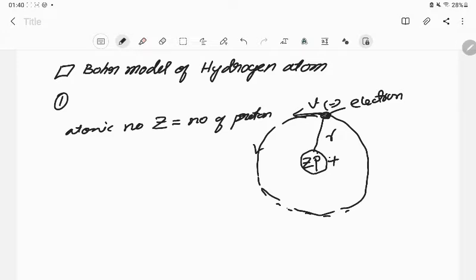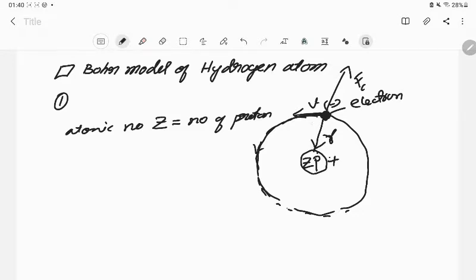but the electrons are revolving around the nucleus. This is because of centripetal force. Here centripetal force is acting in this direction, and since both of them are charged, there will be an electrostatic force, right?